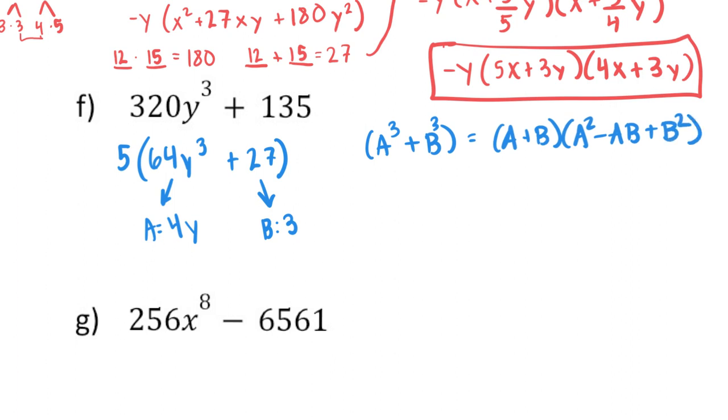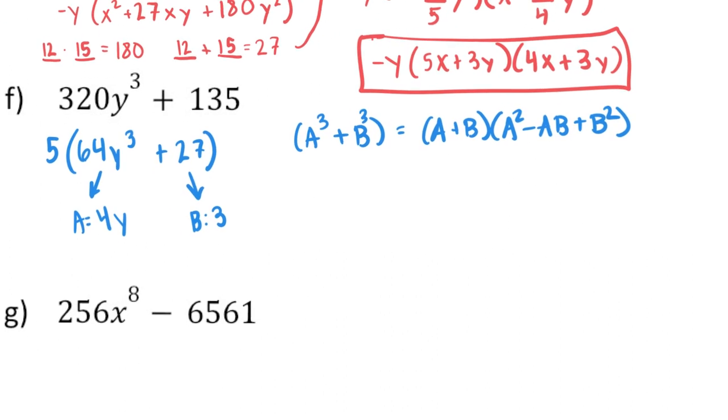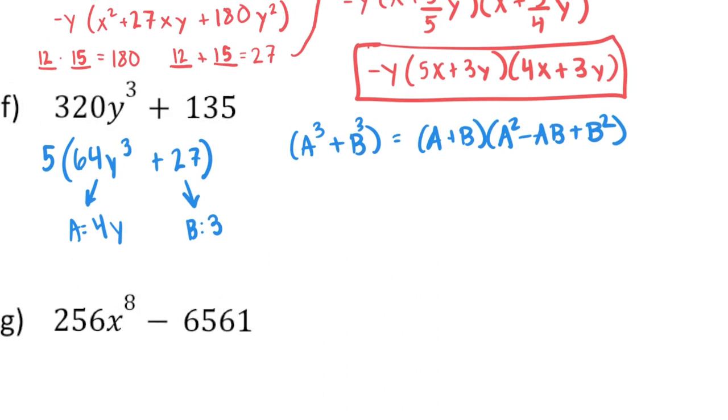So if I go and put those into the formula, don't forget about your 5 out in front. That kind of gets forgotten sometimes, so don't forget that guy. Then we have a, which is 4y, plus b, which is 3. Okay, if we want to find a squared, that is 4y all squared.